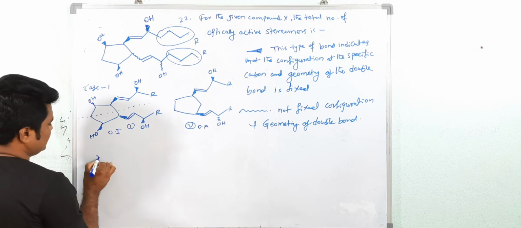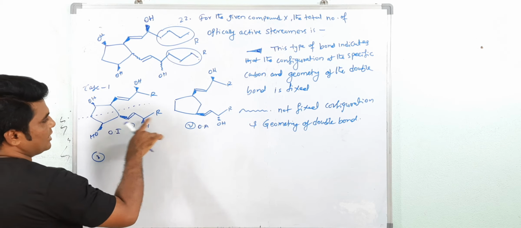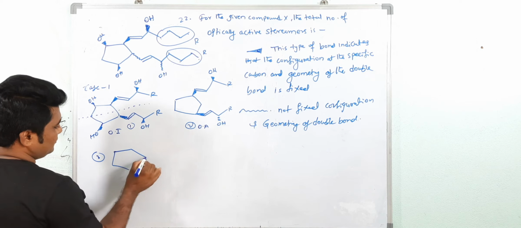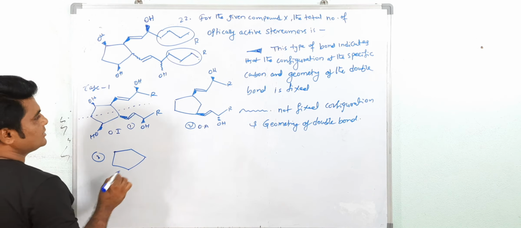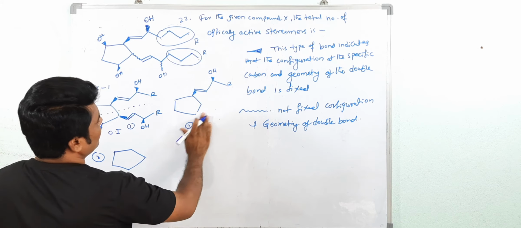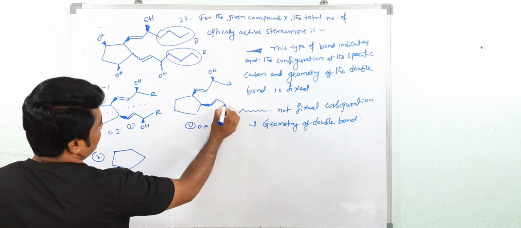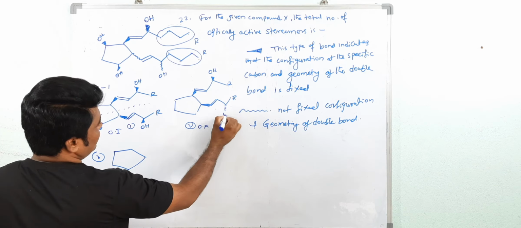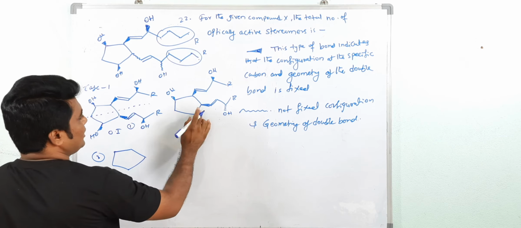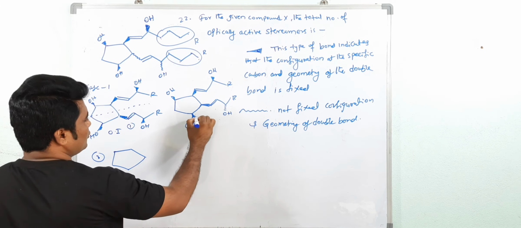Now third, in all compounds the configuration of geometry is trans. In the third case, see here. Here this is above the plane, now this is below the plane, and here OH is there, and see here also OH is there.